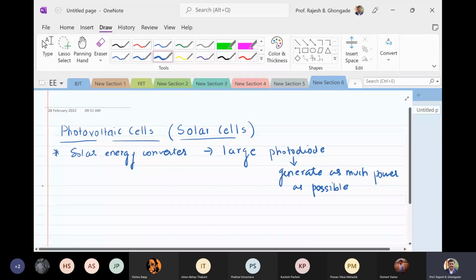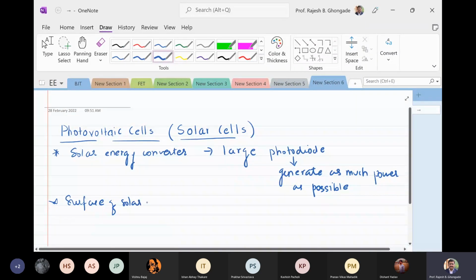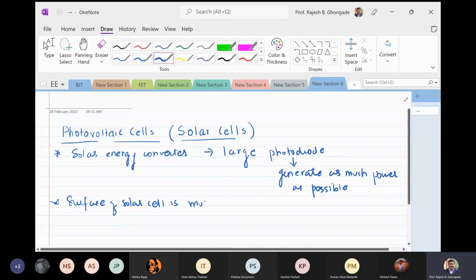The surface of the solar cell is much larger. What is the basic difference? The surface of the solar cell is much larger than a photodiode.